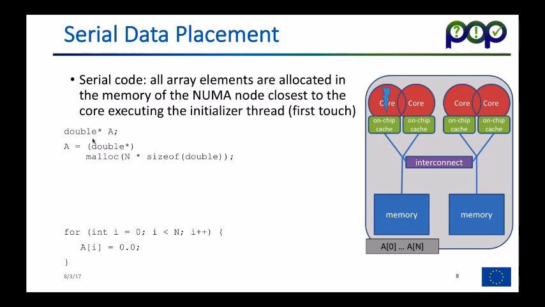So it will return some virtual address into this pointer A. Only later, when the program starts to initialize the data, the operating system has to take action. So with the access to A[0], with the assignment of 0, the operating system has to create a mapping of this virtual address A[0] to a physical location.